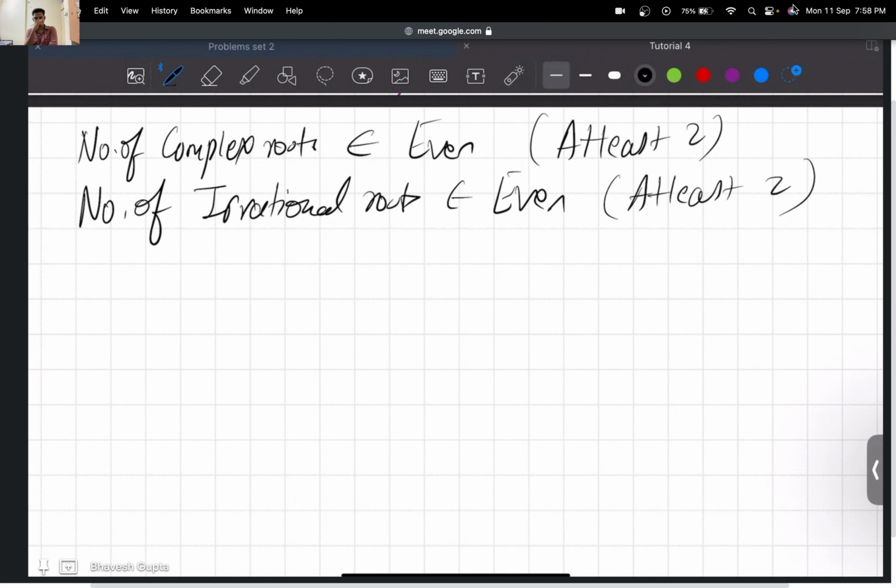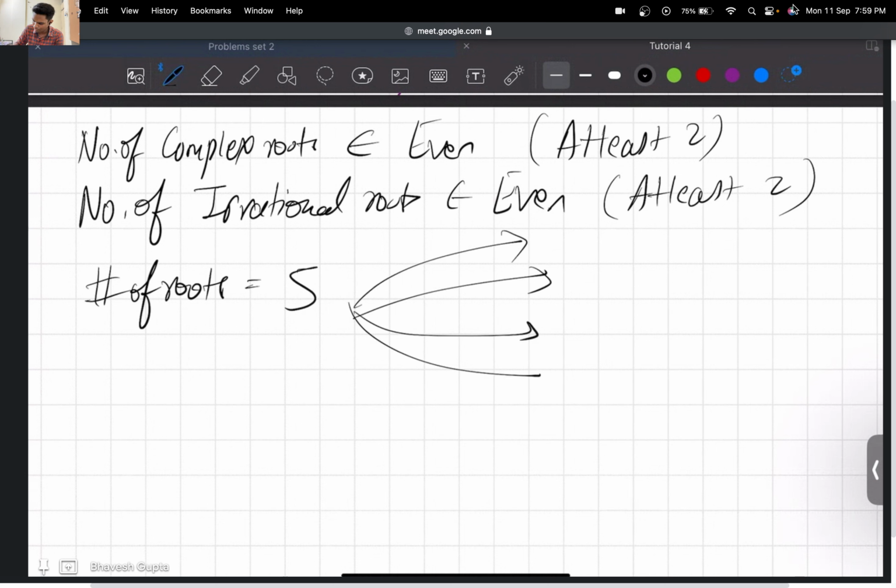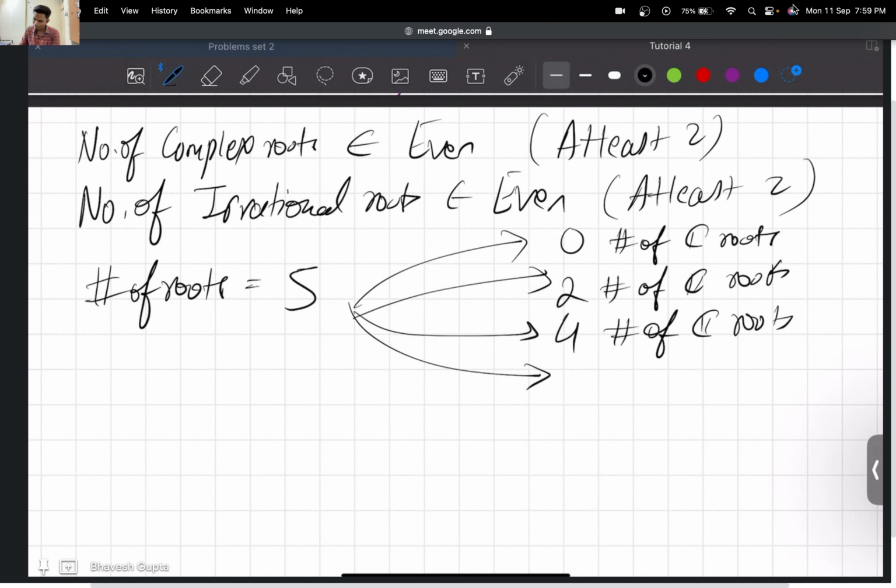So if we have total number of roots equal to 5, the possibility of the number of complex roots we have is either 0, or you might have 2 complex roots, maybe 4 complex roots. So you have only these 3 possibilities, only these 3.